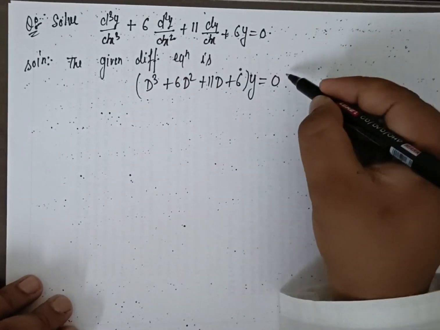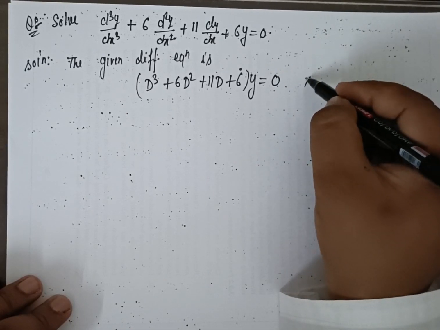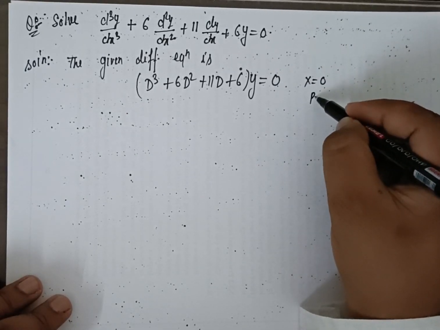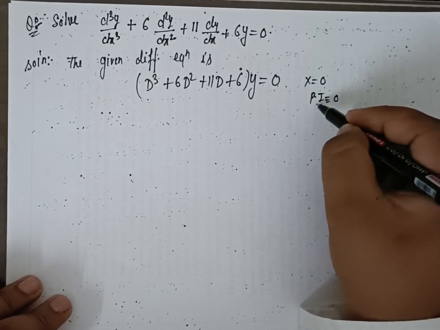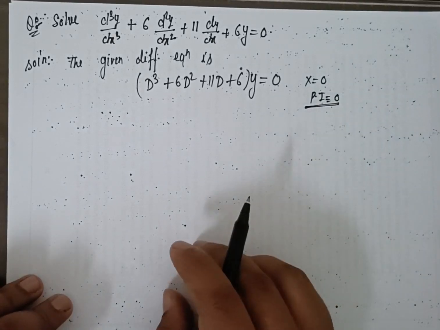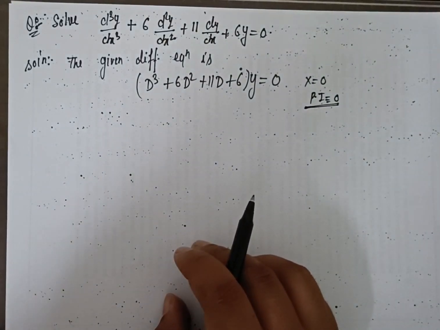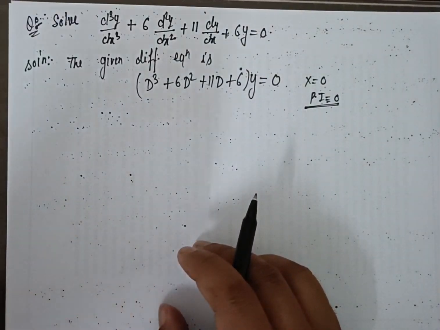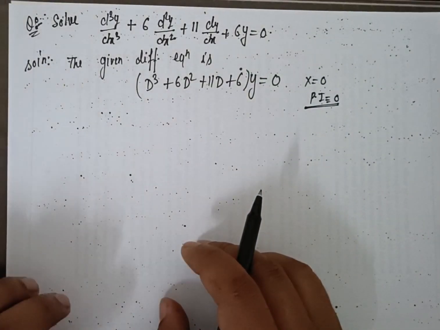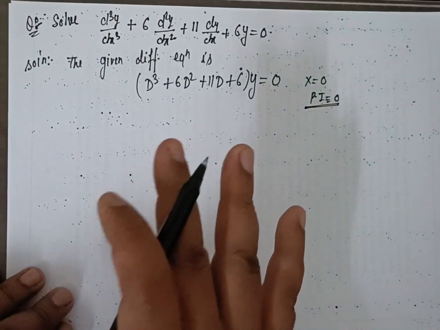Remember one thing, here we are getting capital X equals 0, so our particular integral will be 0. So for the general solution there is no need to find the particular integral. We will just discuss the CF. For the CF we need to find the roots of this.